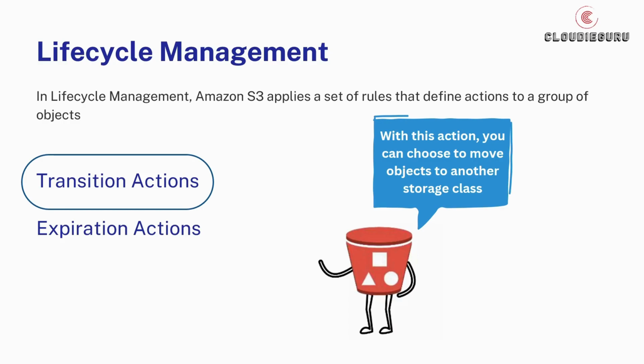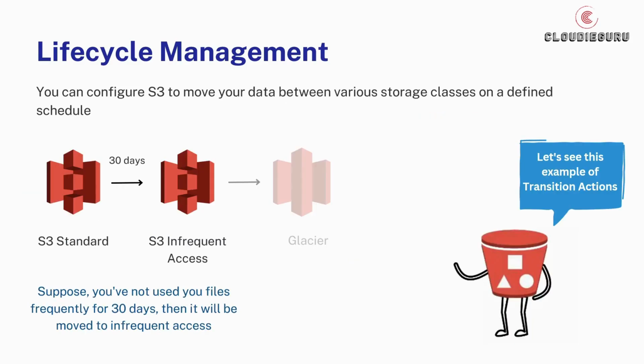With transition actions, we can choose to move objects to another storage class. An example can be moving data from S3 Standard to S3 Glacier. With transition actions, we can configure S3 to move our data between various storage classes on a defined schedule.